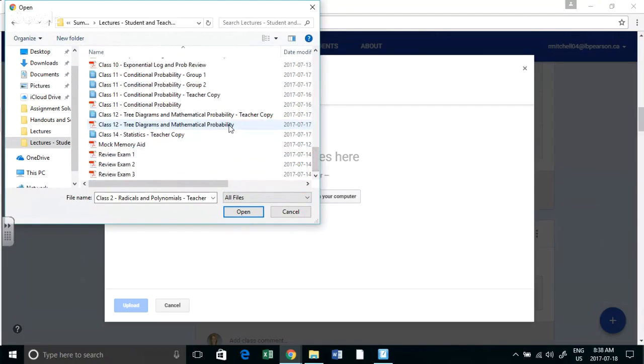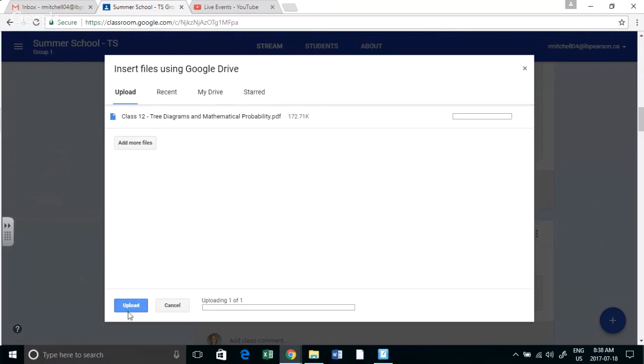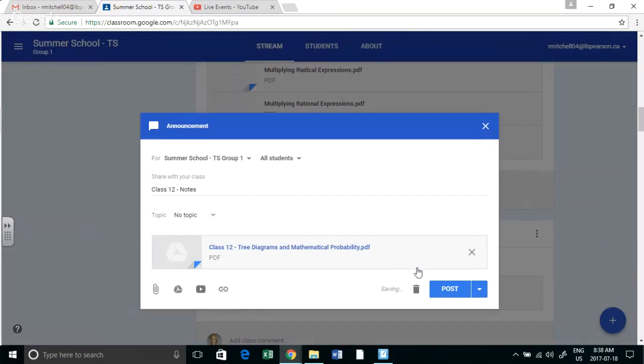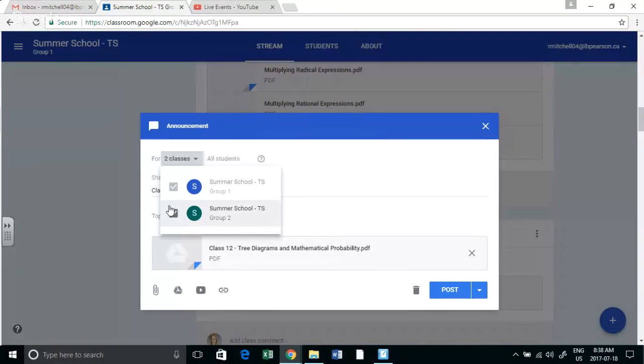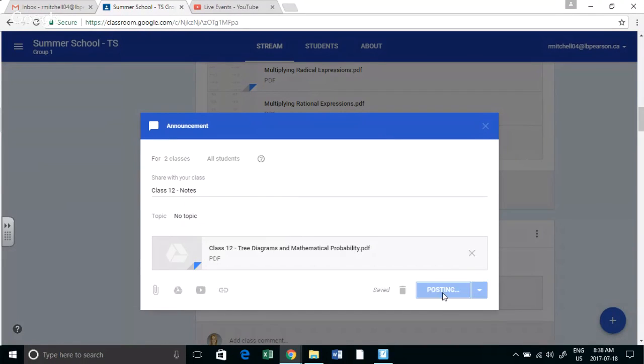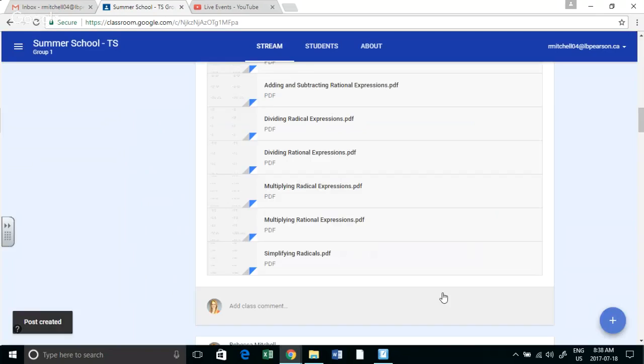My mistake. Make sure both groups get it. Just in case. There we go. So sorry about that. If you ever see that I do that, I mean, there's only one left in reality, but if I do it again, which is very unlikely, but if it does happen, just feel free to send me an email or to just post to Google Classroom, because chances are everything's ready to go. I just probably made a little brain mistake, that's all.